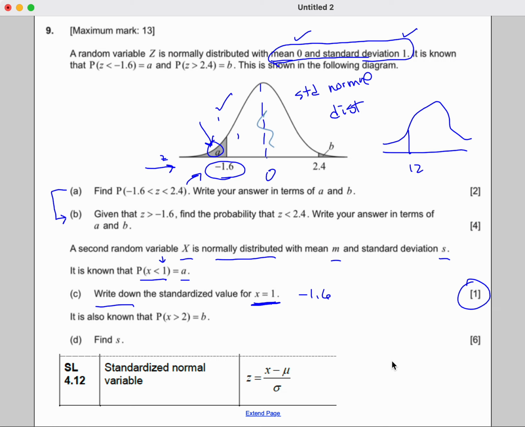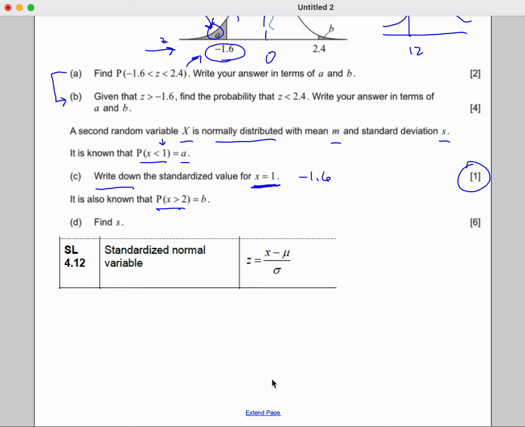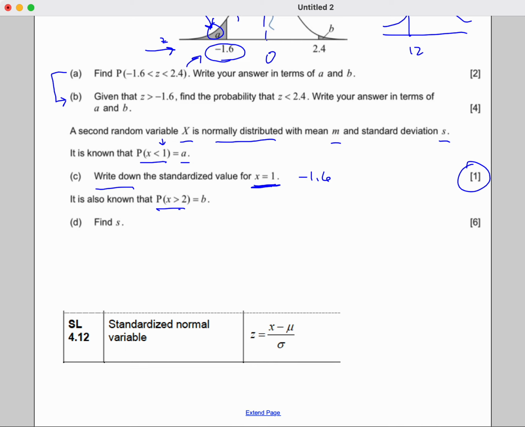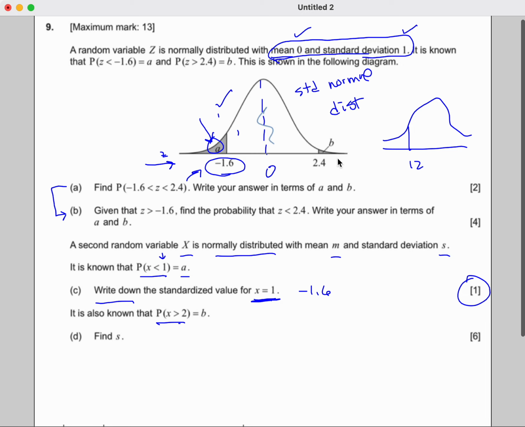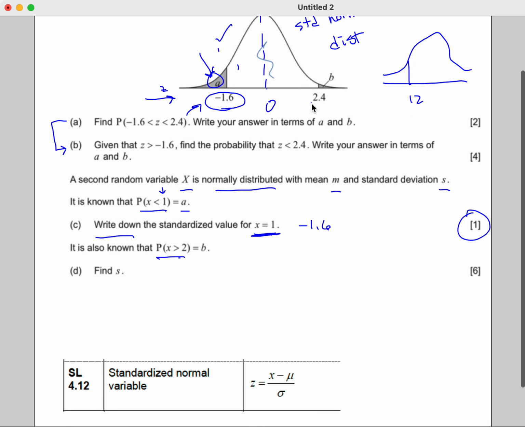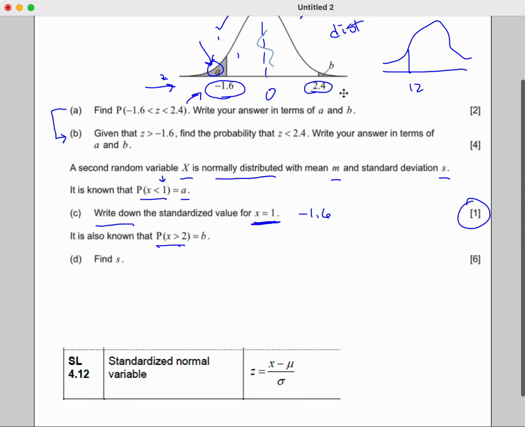Now, it's also known that the probability that x is greater than 2 is equal to b. And they're asking us to find the standard deviation. So that's where this is going to come in. So we know that the standardized variable for greater than b is 2.4, because here's b.